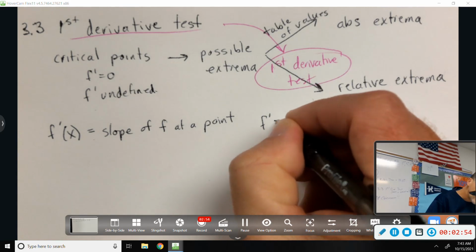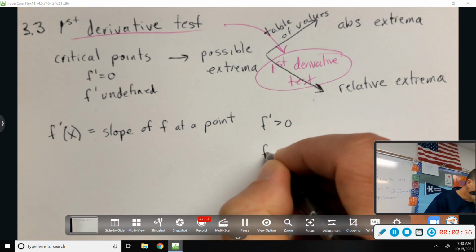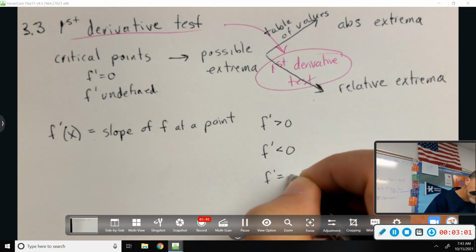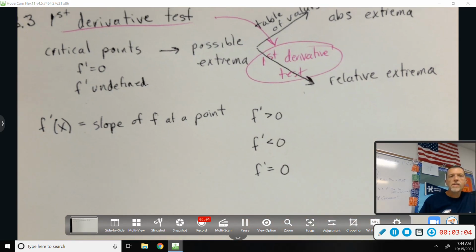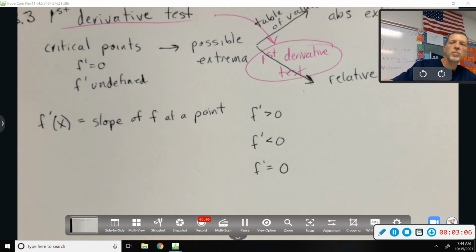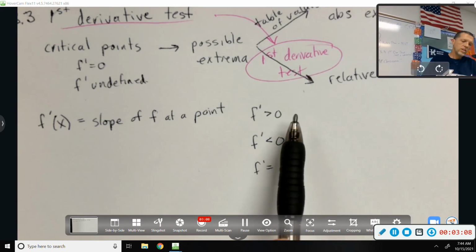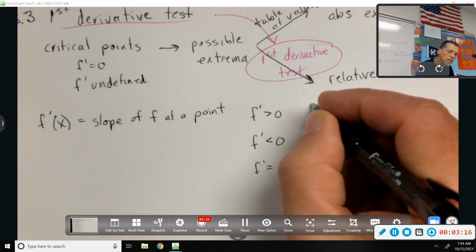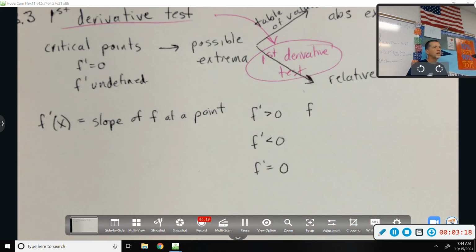So that means if f prime is greater than 0, f prime greater than 0, f prime equal to 0, let's figure out what that means in terms of f. If f prime is positive, what does that tell us about f? We haven't really done this, so I think it's going to make sense once I say it, but you might not be able to know what word I'm thinking of.